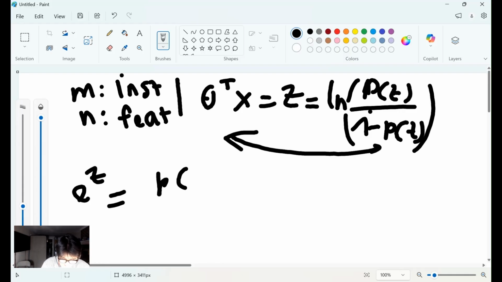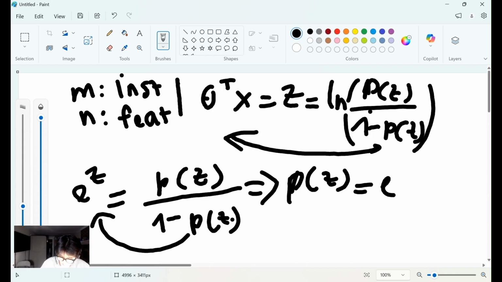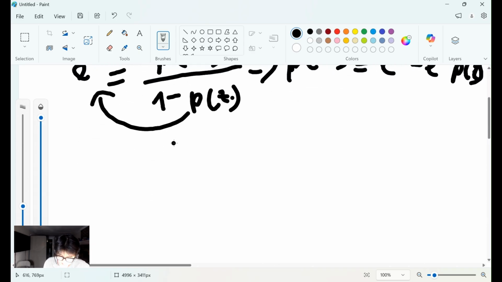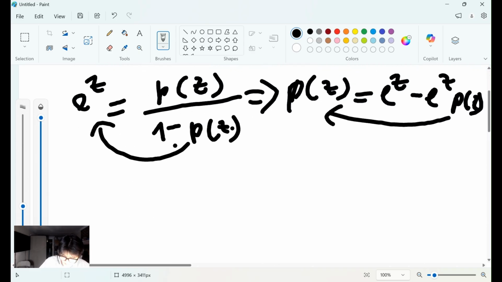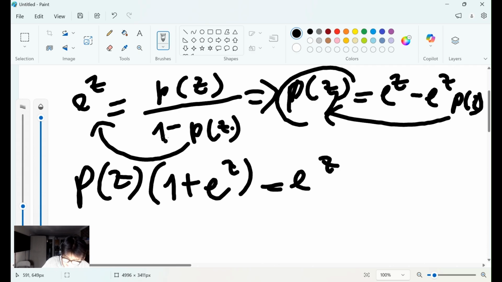So suppose that, sorry, just move this part right here. We'll have p(z) equals e to the power of z minus e to the power of z multiplied by p(z). And then we move this back here, take the factor of p(z) outside, we'll have p(z) multiplied by 1 plus e to the power of z equals e to the power of z.